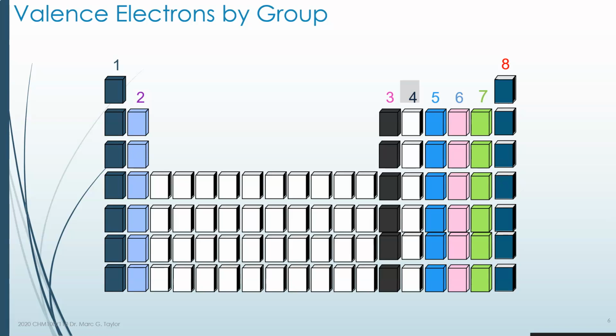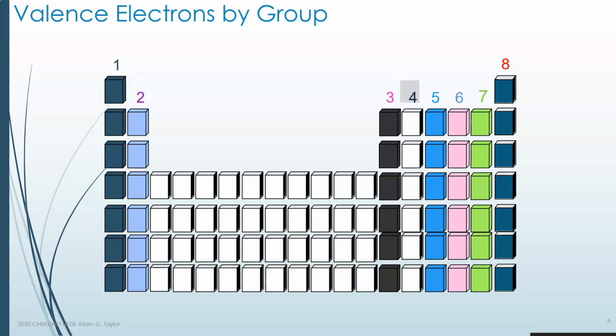And so the number of valence electrons is determined merely by counting up how many s and p electrons total. Remember, you can have a maximum of 2 s orbital electrons, and you can have a maximum of 6 p orbital electrons. We learned that from electron configurations.